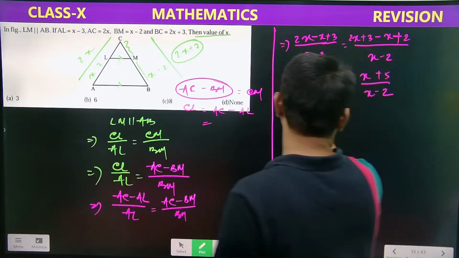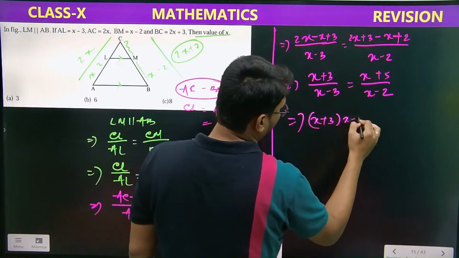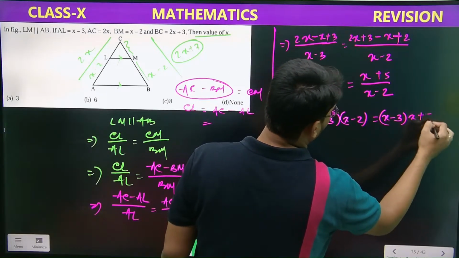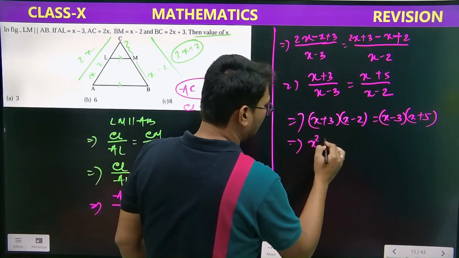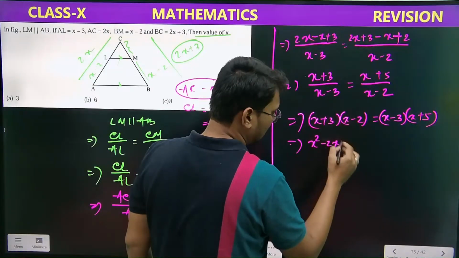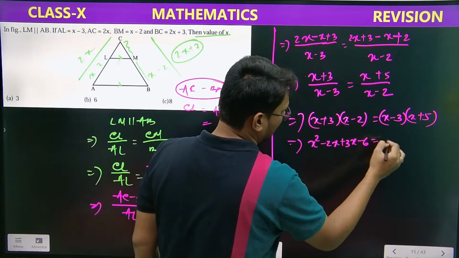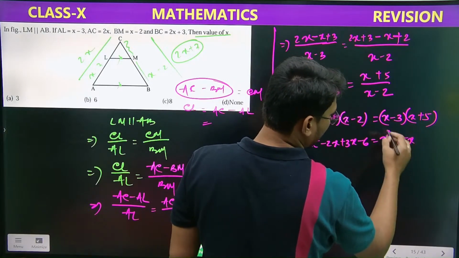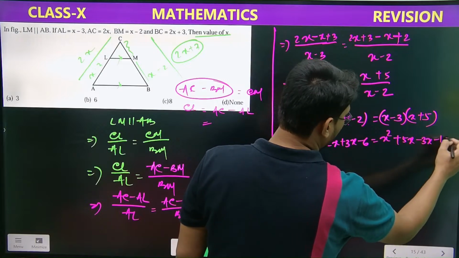Let us cross multiply: x plus 3 into x minus 2 equals x minus 3 into x plus 5. Multiplying, it becomes x square minus 2x plus 3x minus 6 equals x square plus 5x minus 3x minus 15.